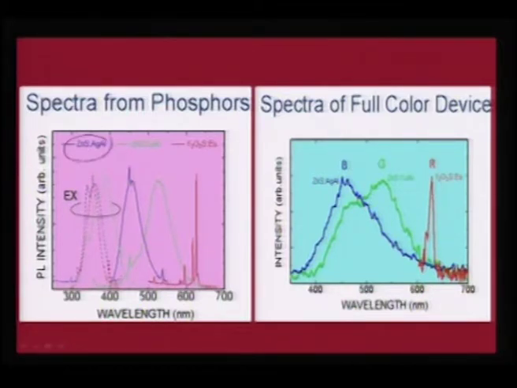The silver doped ones show blue light here, and the copper doped ones show bluish to bluish green.